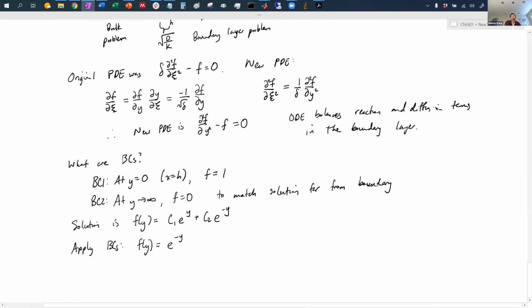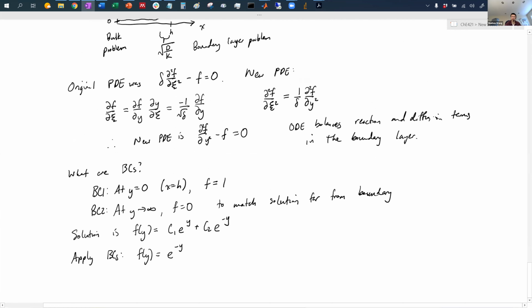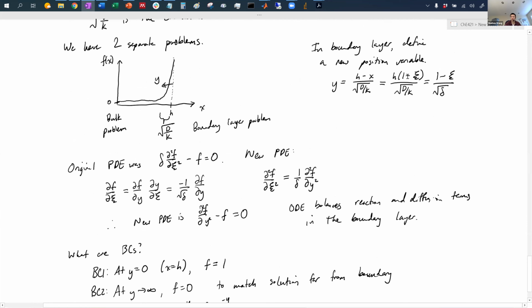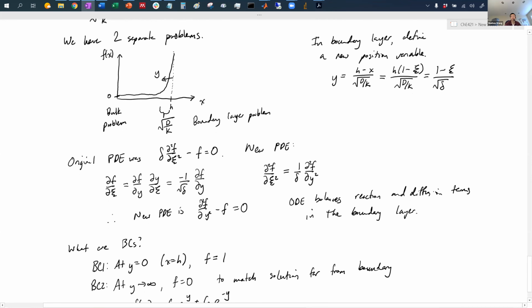Now, of course, we're in this sort of weird, funky world where we only care about what happens near the boundary. So we need to translate it back to what we already know, right? So let me go ahead and do that. The y is just defined as 1 minus c over square root of delta.